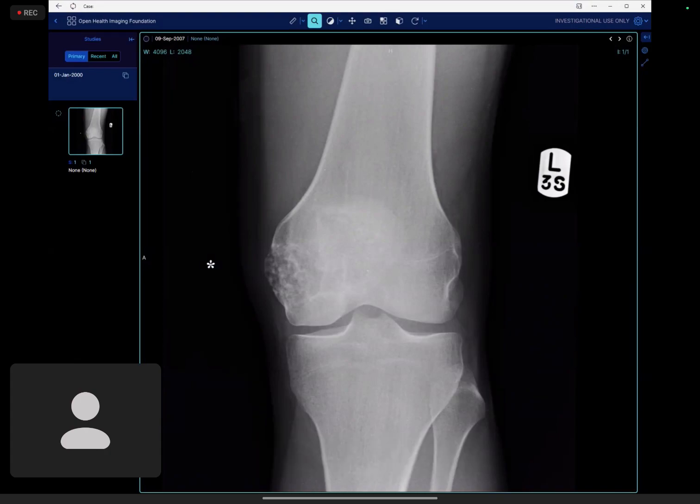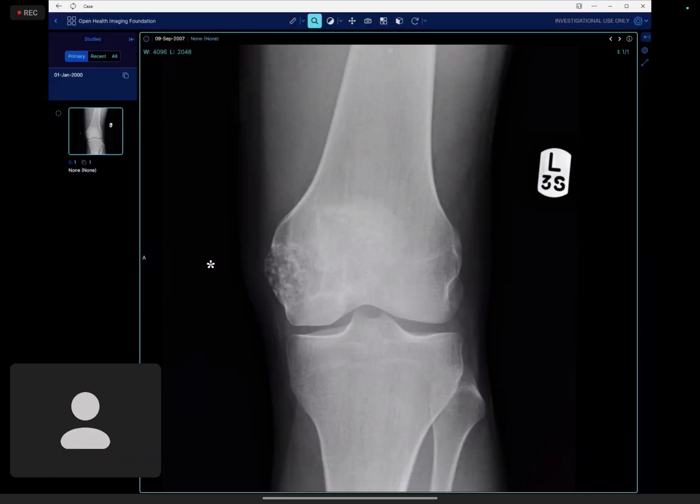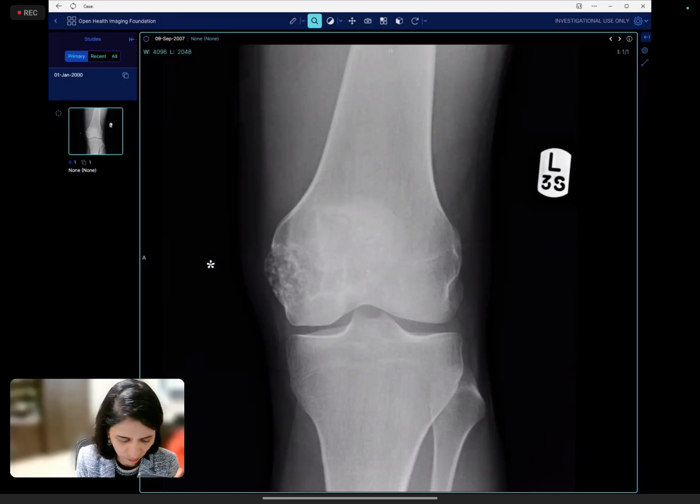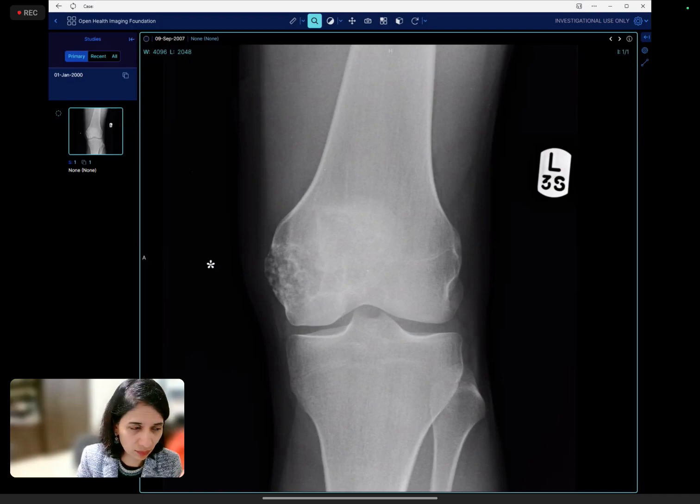It is well defined with sclerotic margins. There is a narrow zone of transition. There is thinning of the overlying cortex. However, I cannot see any obvious cortical erosion. There is no periosteal reaction or extraosseous soft tissue component. The matrix of the lesion shows calcifications within, most likely in keeping with chondroid matrix.